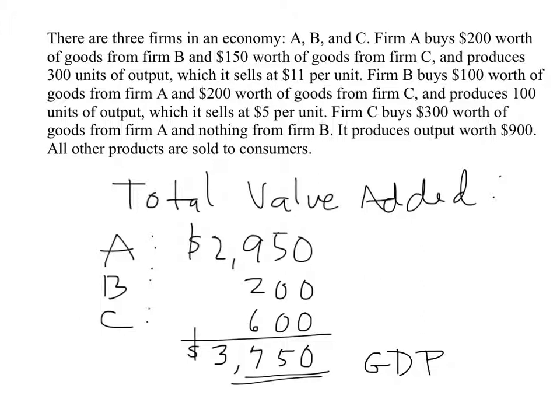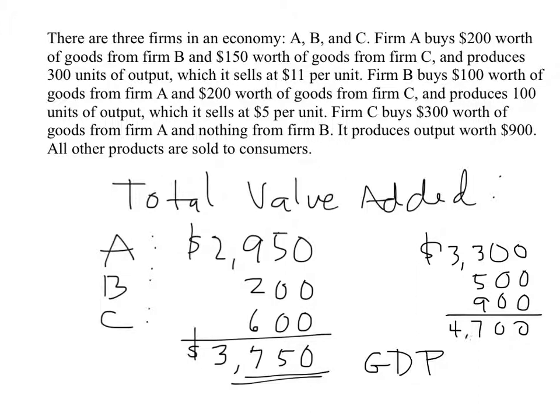Now notice that if we had simply taken the final sales numbers, we would have had what? 3,300 from Firm A. We would have had 500 from Firm B, and we would have had 900 from Firm C, and that total would have been 4,700.